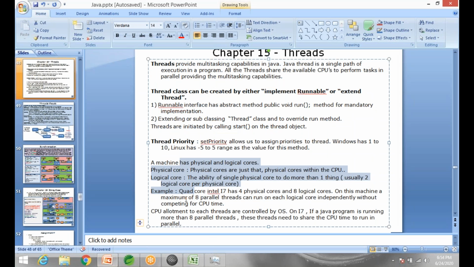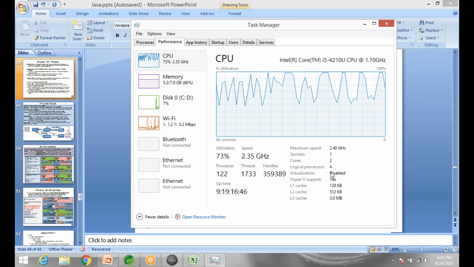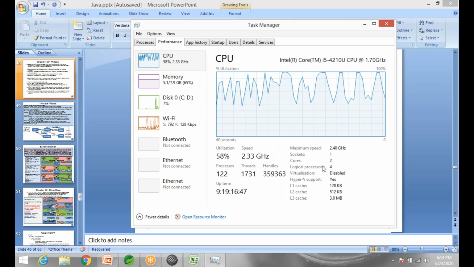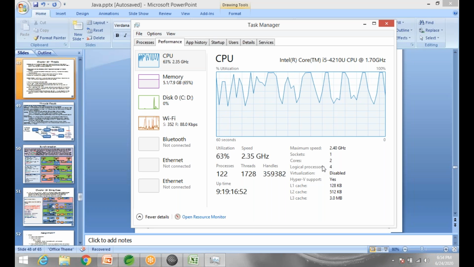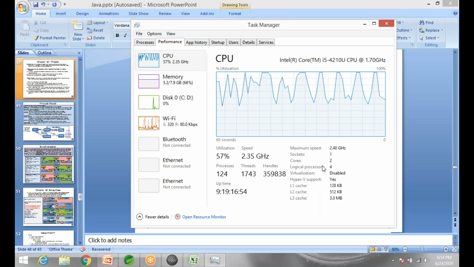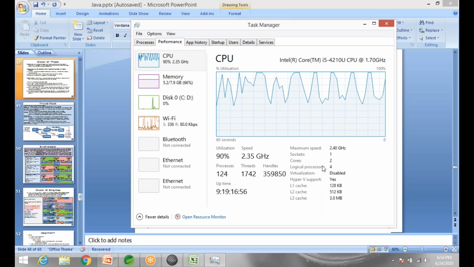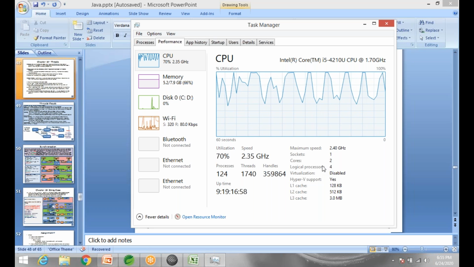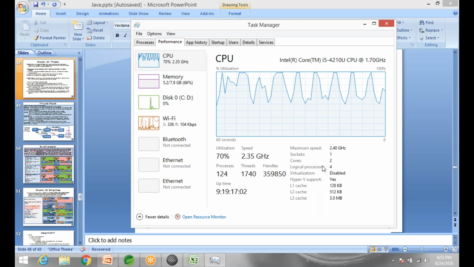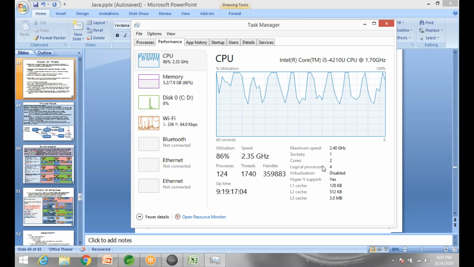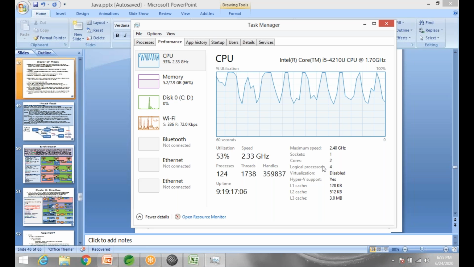physical core, logical core, CPU, you already saw that. Most of the laptops already come with multiple cores. You might have heard about these terms, dual core, quad core, and so on. Have you heard that? Yes. So dual core is 2 CPUs, and quad core is 4 CPUs.